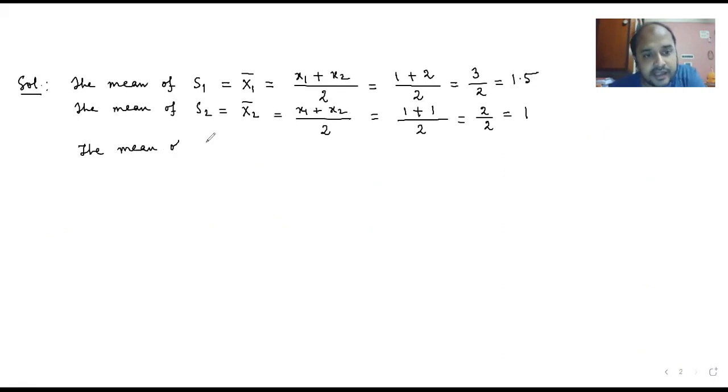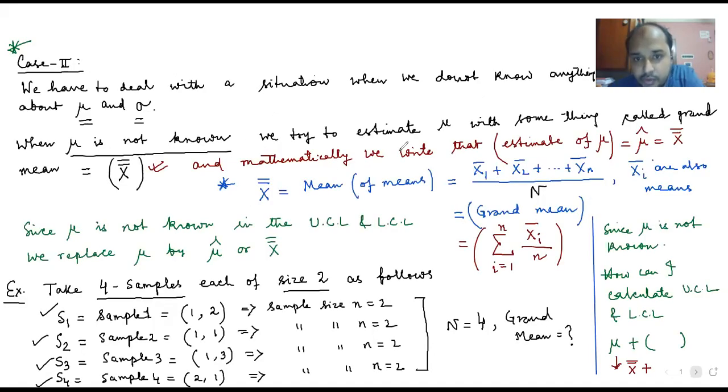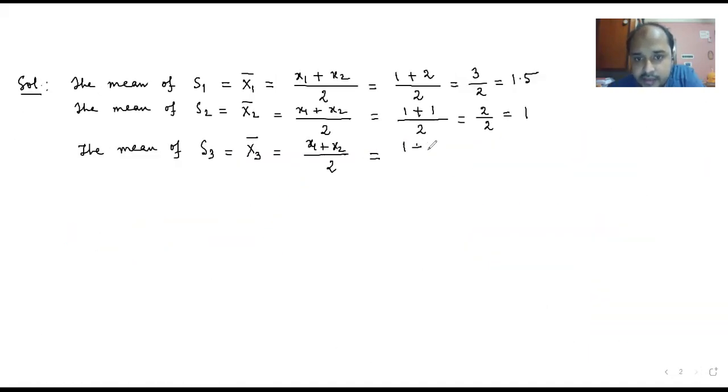The mean of S3, which is X3 bar, is (x1 plus x2) by 2. Look at the values, 1 and 3, so that would be 1 plus 3 by 2, and that is 4 by 2, that is 2.